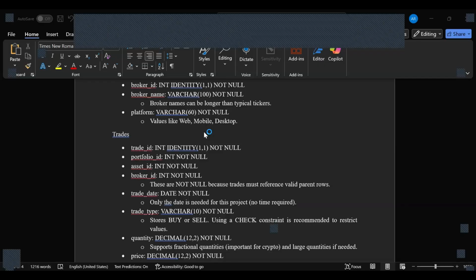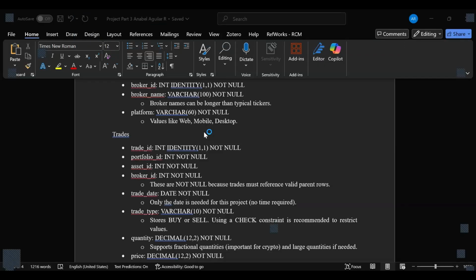All of these have been mentioned before in the other tables.